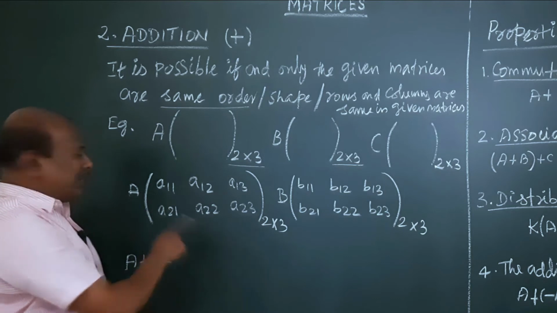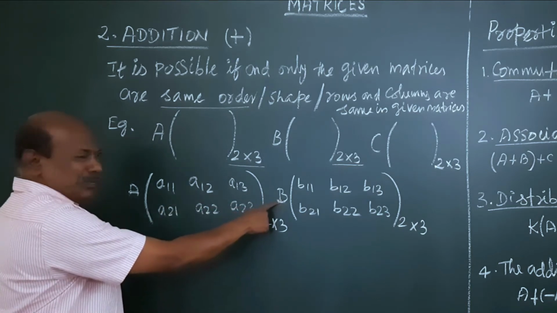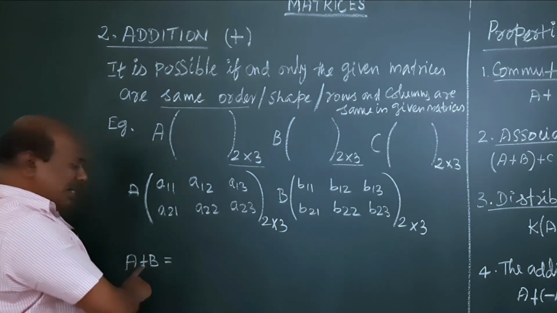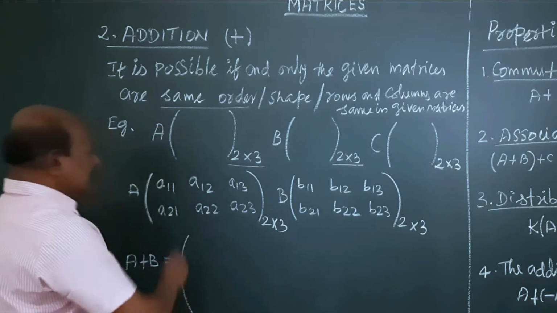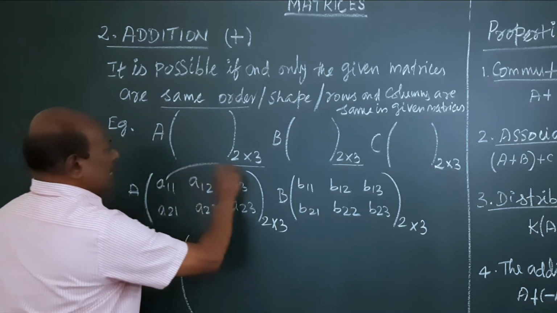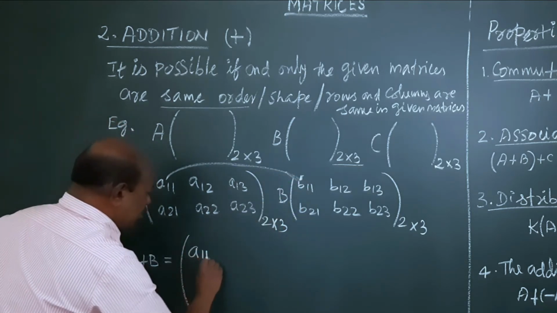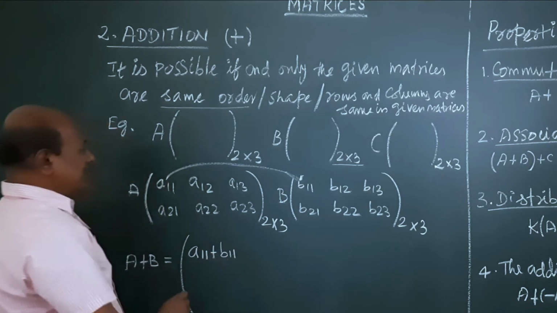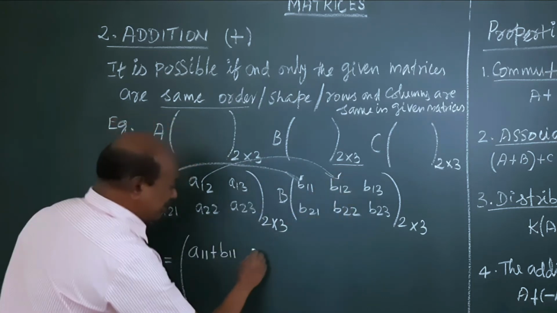That is the possibility of addition of matrix A and matrix B, that is A plus B. Matrix A is added with matrix B. That is how to add: the first element is added with the first element, that is A11 plus B11. Then A12 added with B12.